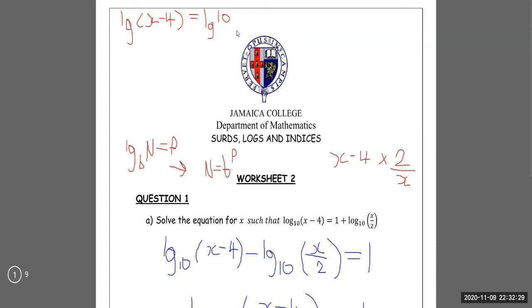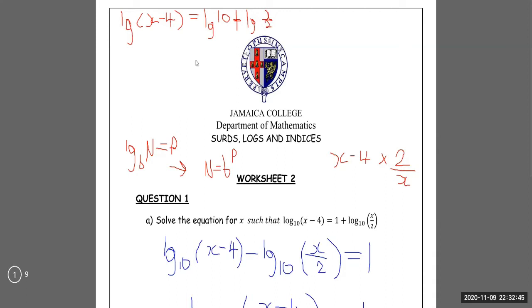Now, when we have the log of x minus 4 is equal to the log 10 plus the log of x over 2, what we can then do is combine what's on the right-hand side to be one log, right? Yes, sir.